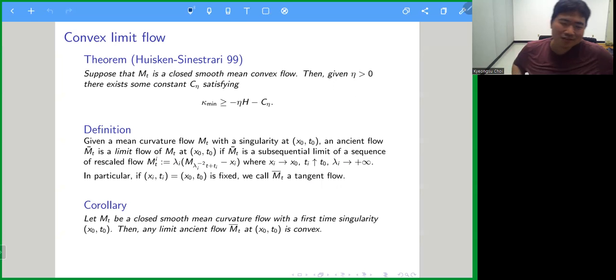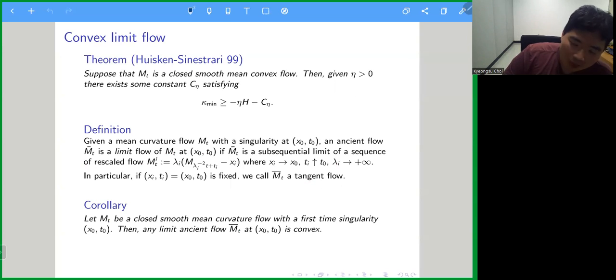But anyhow, we can obtain this, and this is very amazing, because this somehow says that at the blow-up limit, the rescaled flow converges to a convex flow, even though the flow was just mean convex. So mean convex flows develop convex singularities.